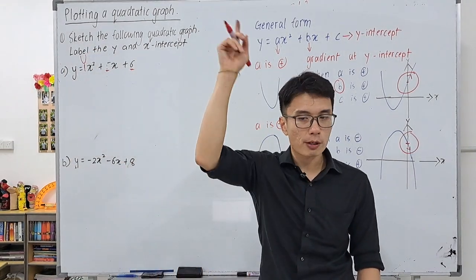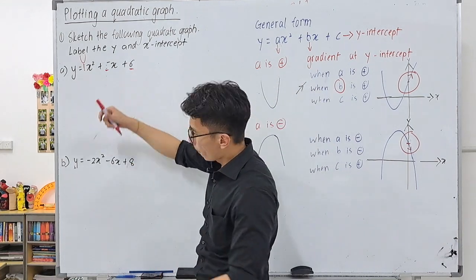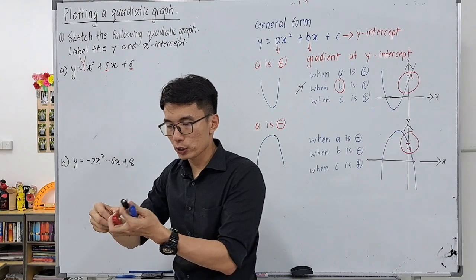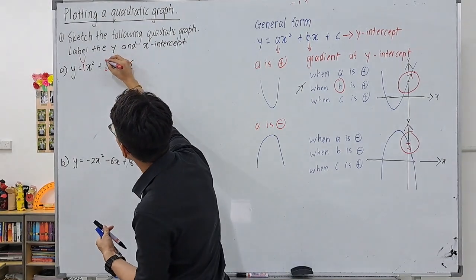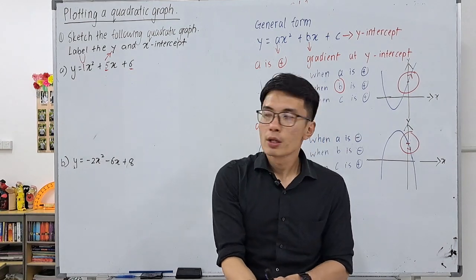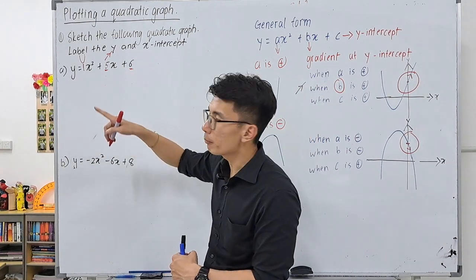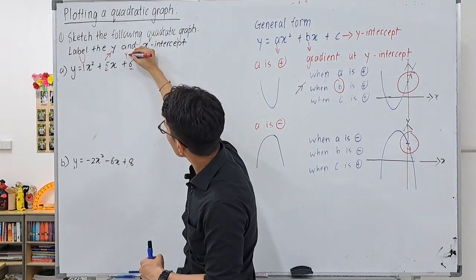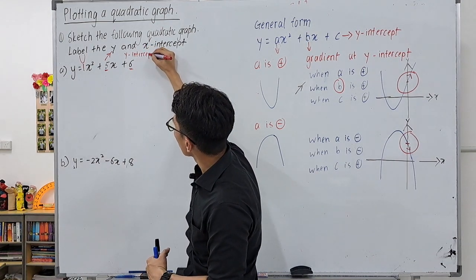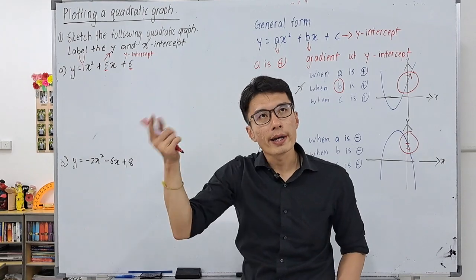It's going to be a U-shaped graph or a smiling graph. My value of b is positive, all right? So I know I'm going to be dealing with a positive gradient at the y-intercept. And the y-intercept over here is going to be positive 6. It's where the line cuts through the y-axis.